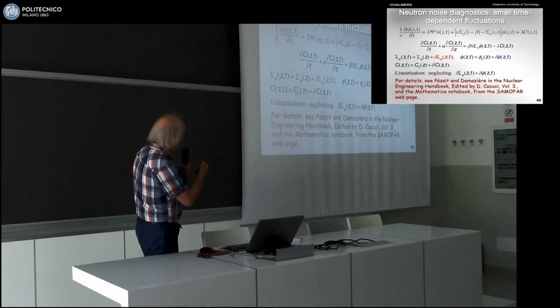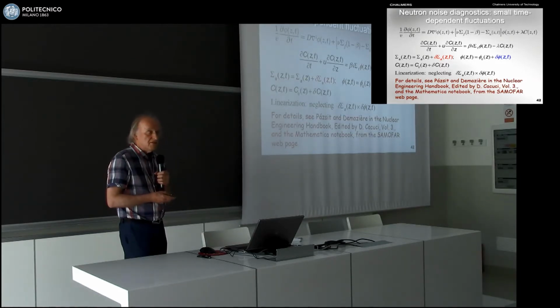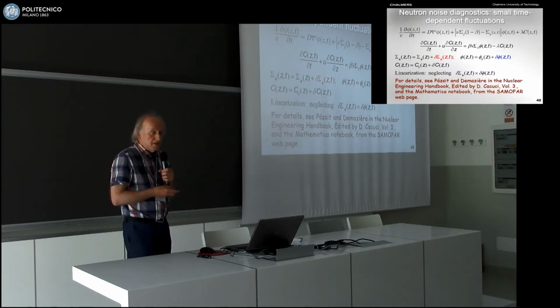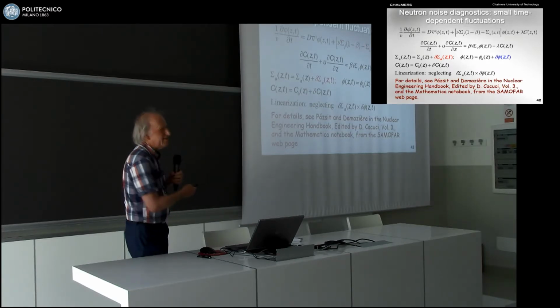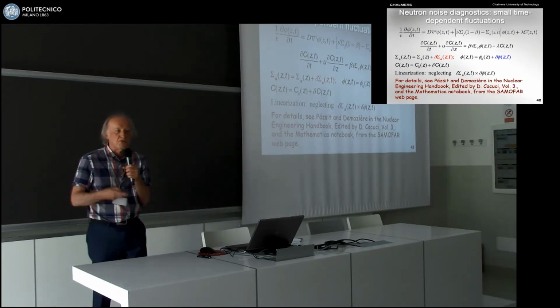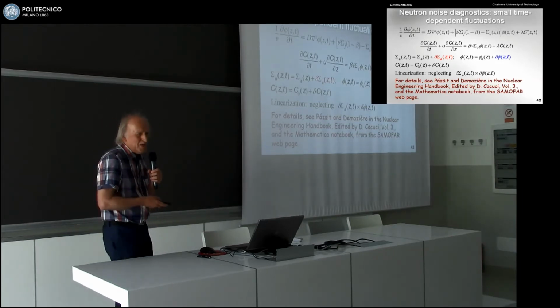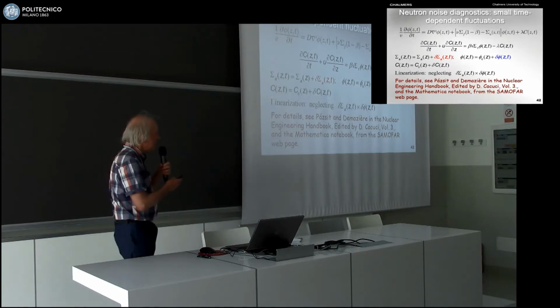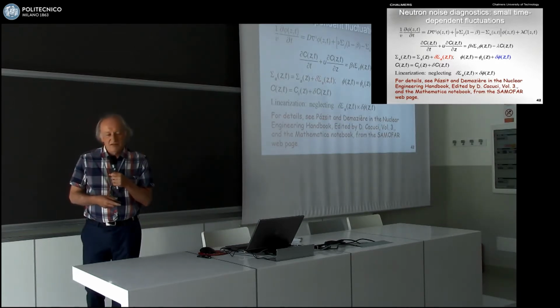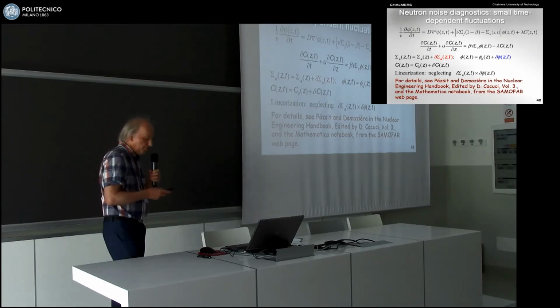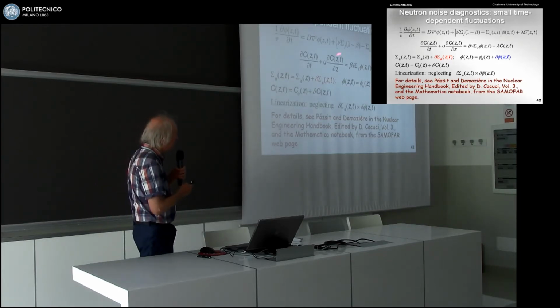We take the time-dependent equations, and then we say that the reason for the time dependence is the cross-section fluctuations. For simplicity, I only assume that the absorption cross-section fluctuates because it leads to simpler equations. Of course, the fission cross-section will also fluctuate. It's slightly more complicated, but there are absolutely no principal difficulties.